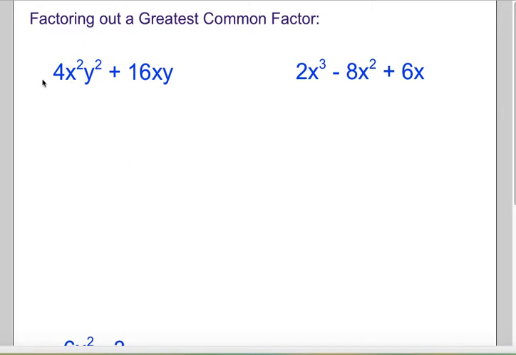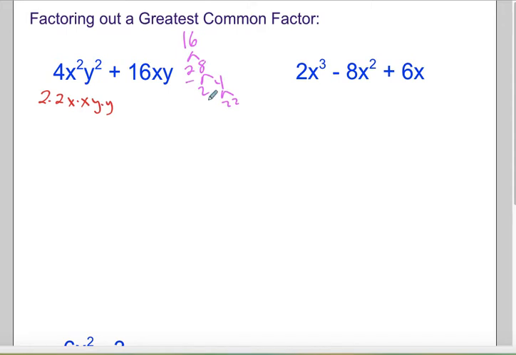So this first one here has a 4, and 4 is like 2 times 2, and then I have an x squared, so that's like x times x, and a y squared, and so that's y times y. For the 16, well, 16 can break down a lot, so I'm going to make a factor tree for 16 real quick here. 16 is like 2 and 8, 8 is like 2 and 4, 4 is like 2 and 2.